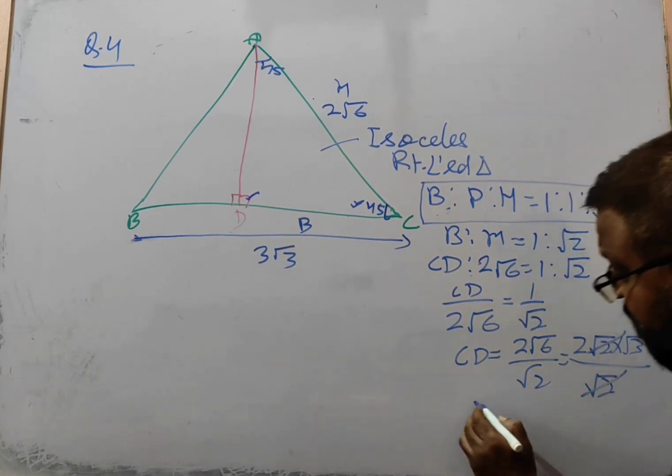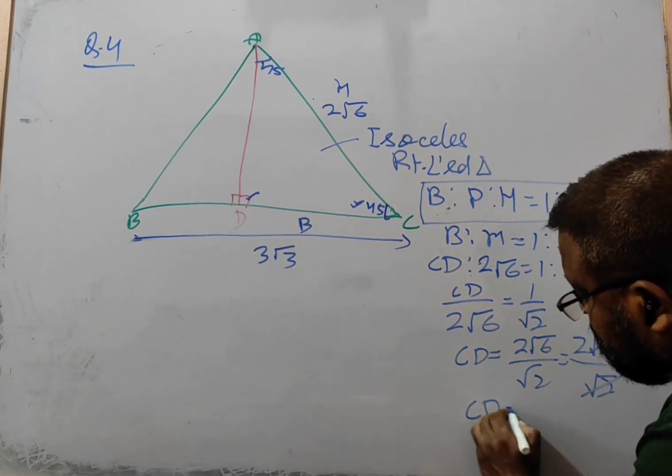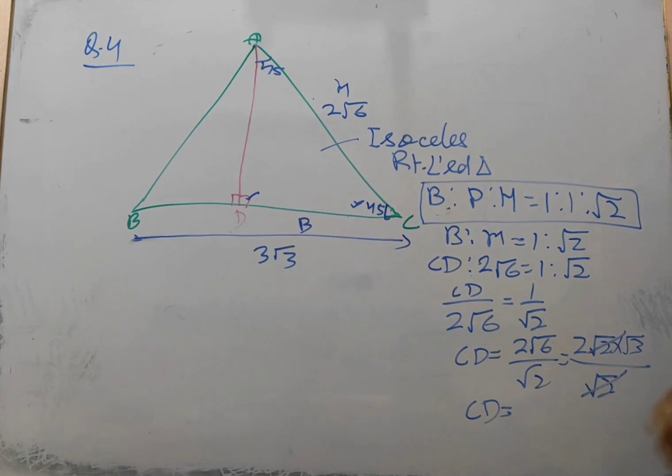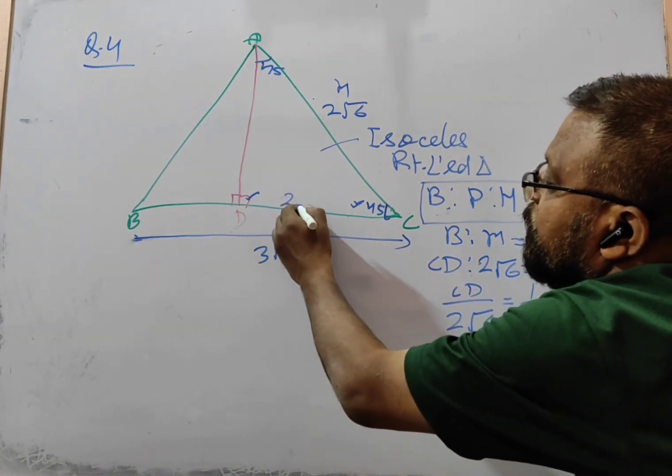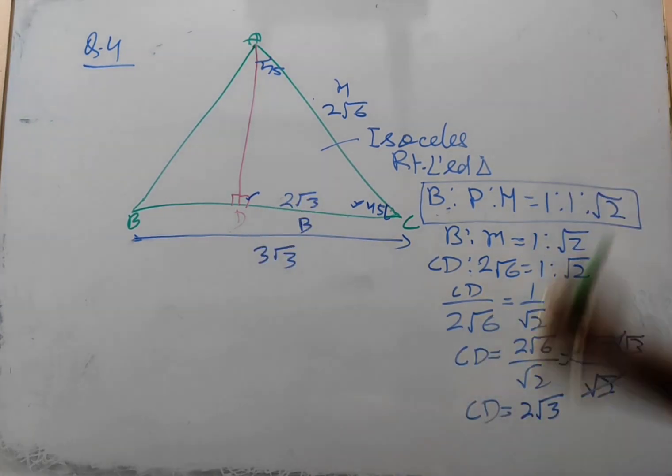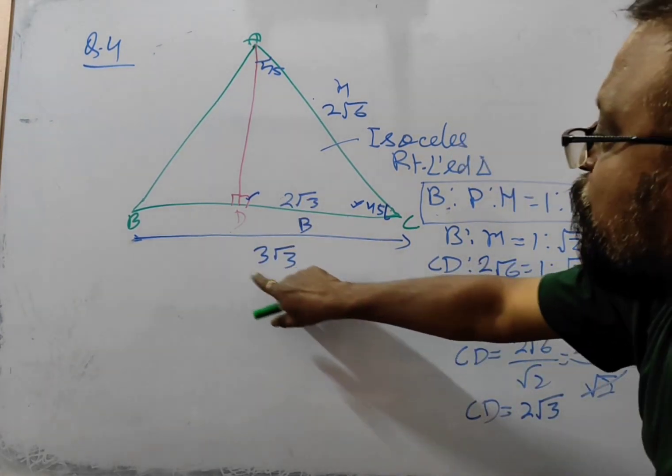CD is 2 root 3, right? So we got 2 root 3 here, and the total is 3 root 3.